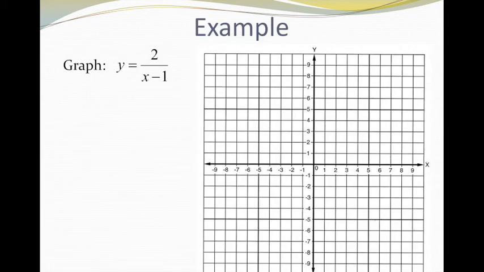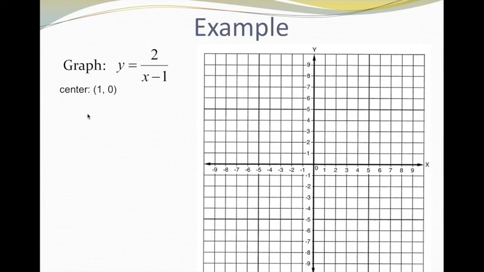Example: graph y equals 2 over x minus 1. Our h is 1, and we do not have a number being added or subtracted, so our k would be 0. So our center is 1, 0.